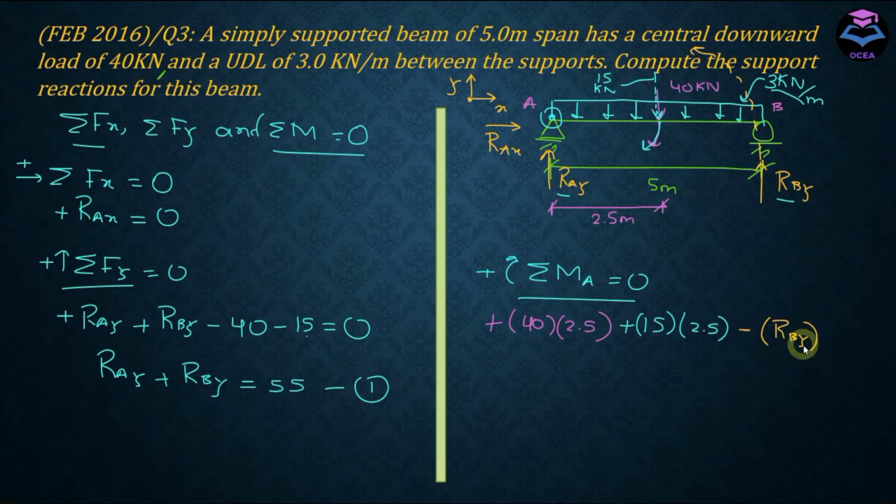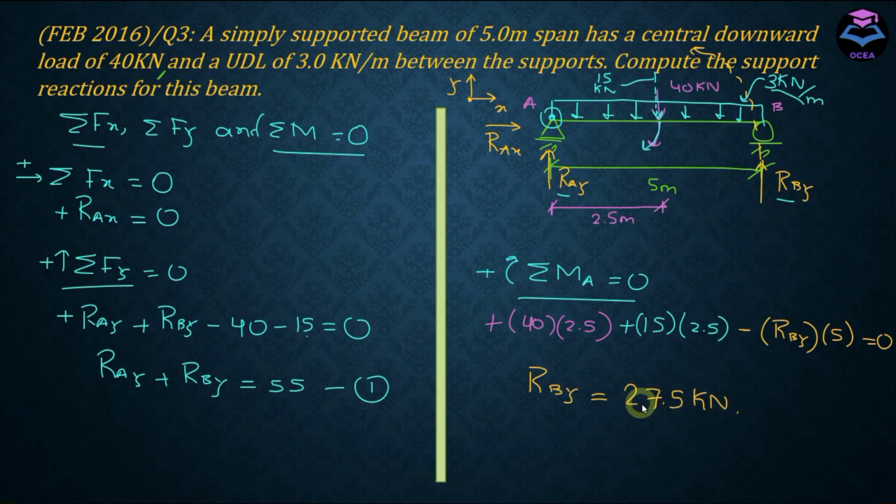RBY has a moment arm of 5 meter with respect to this point. If you solve this, RBY is equal to 27.5 kilonewton.